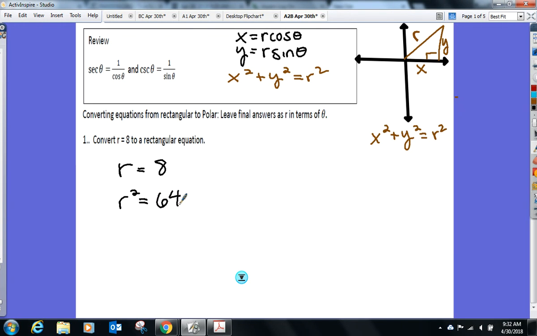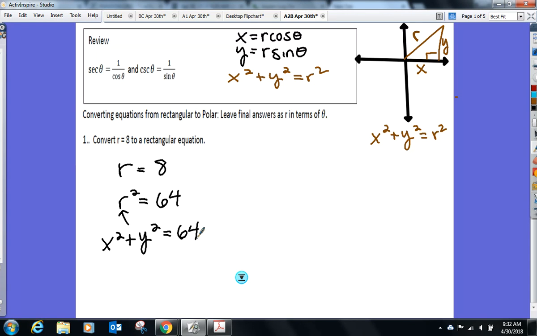Now we can start substituting. What's r squared equal to? X squared plus y squared, which we got from our right triangle. Anytime I see an r squared today, I'm going to think x squared plus y squared, so x squared plus y squared equals 64.